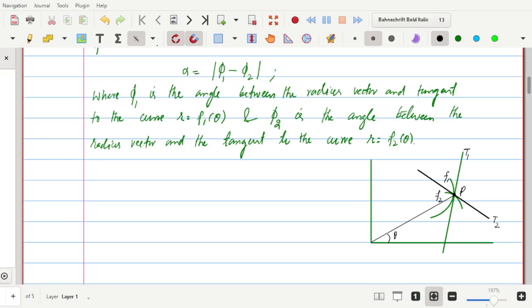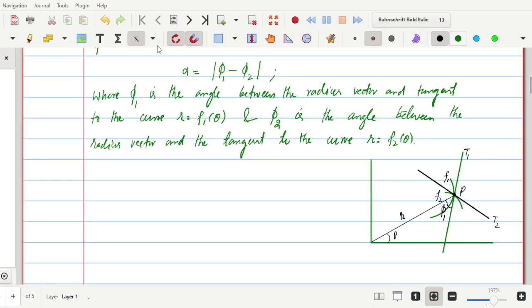Now if we look at this radius vector r, then it forms an angle phi like this. We can call it phi 1, which is the angle between the tangent t1 and the radius vector r, which is actually the angle between the radius vector and the tangent to the curve r equals f1 of theta.